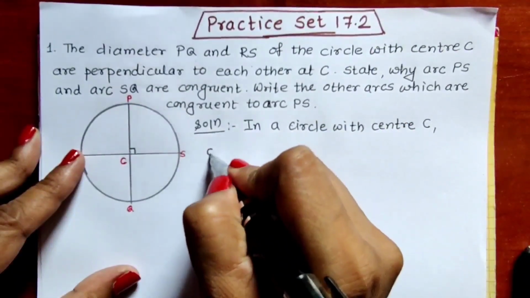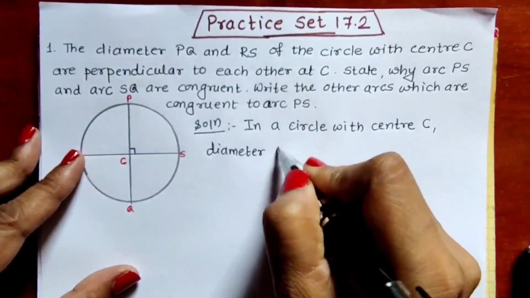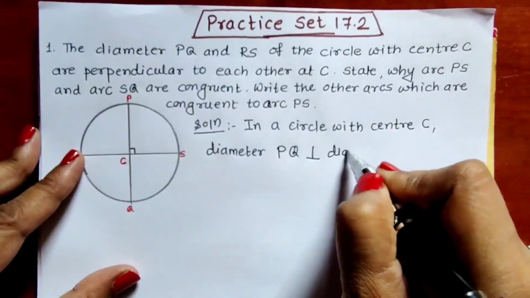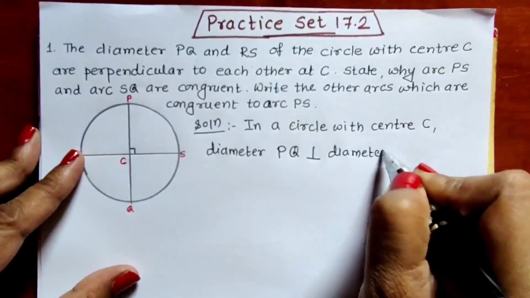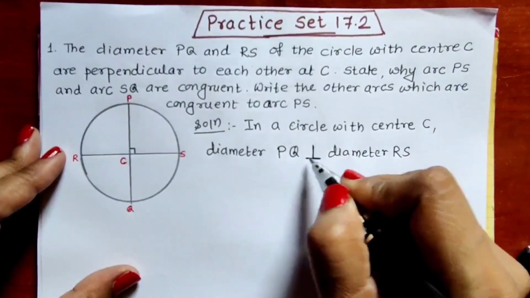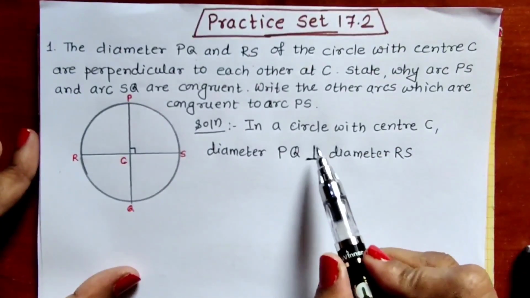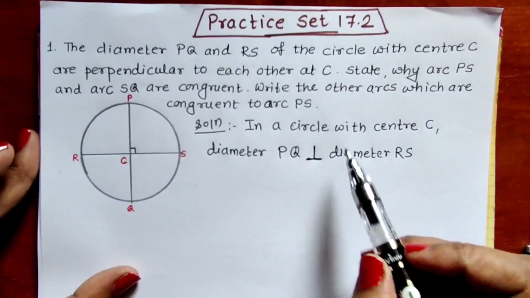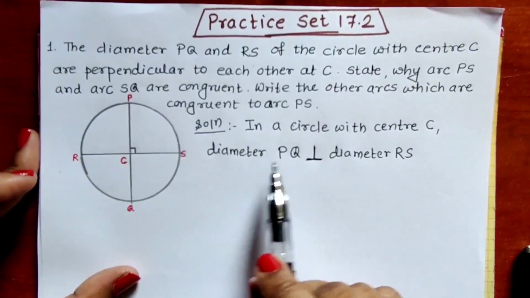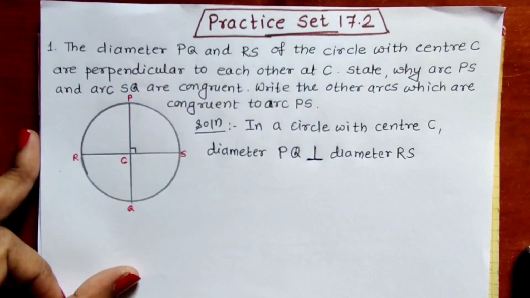So I am writing here diameter PQ is perpendicular to diameter RS. We all know this is the symbol for perpendicular, the inverted T. It is not the T which we used to write, it is the inverted T. So this is the symbol for perpendicular.